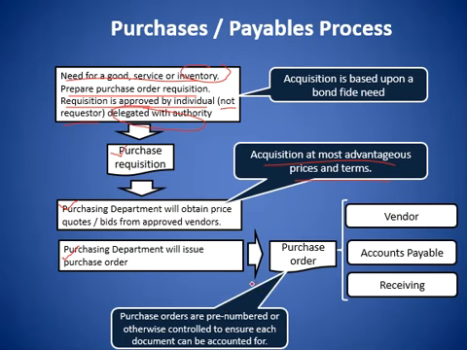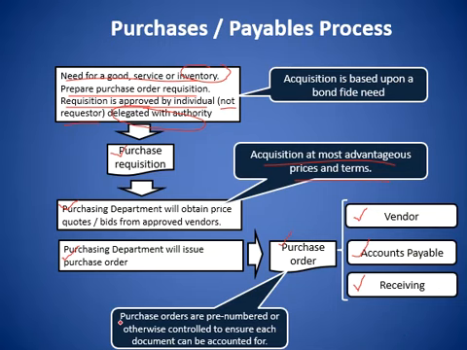Now, when the purchase order is issued, there are at least 3 copies that are issued. One goes to the vendor as acknowledgement of the purchase. Another copy of the purchase order goes from the purchasing department to accounts payable, and another copy of the purchase order, which we call a receiving report, although it's really a copy of the purchase order, goes to the receiving department.